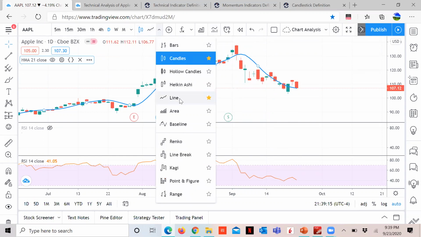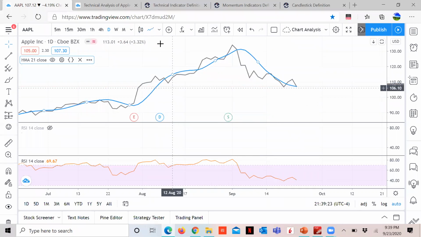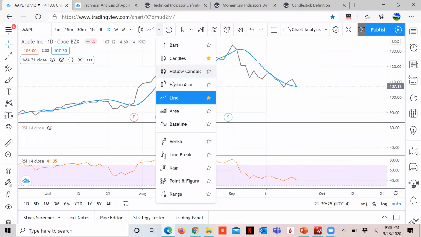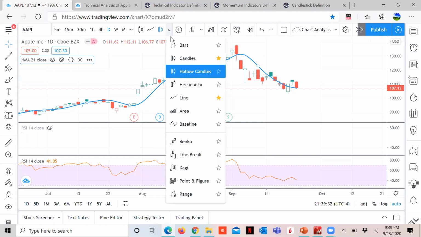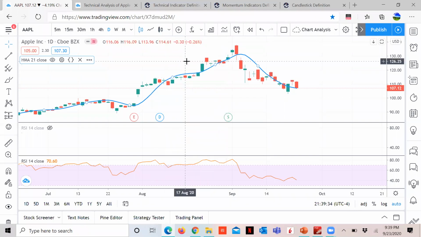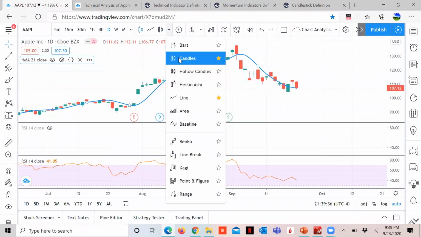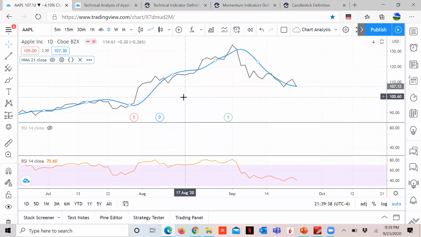I can represent the candles as a line, or I can represent them as hollow candles, or I can represent them as solid candles as we just saw. So I'm just going to the line.